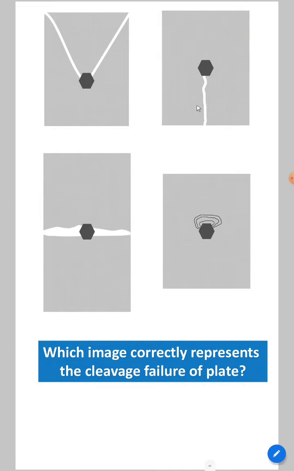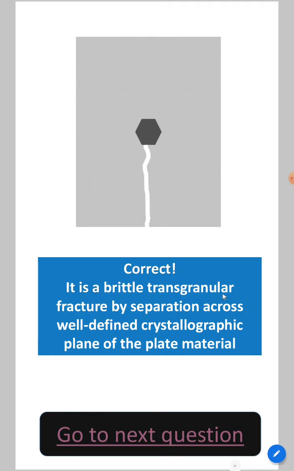It is a brittle transgranular fracture by separation across a well defined crystallographic plane of the plate material. It is a kind of brittle failure across a weak plane that was formed previously in the plate. So those were the four failure modes we saw in this specific revision sheet, or let's say interactive sheet.